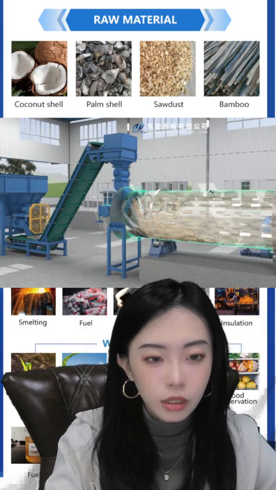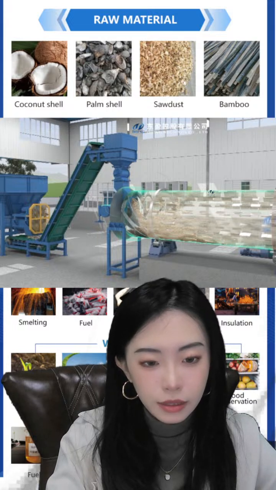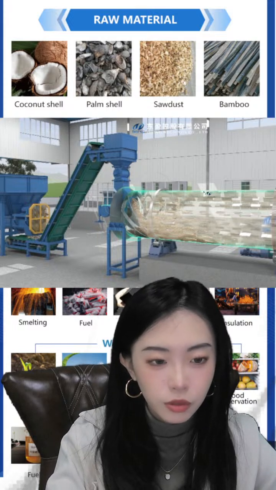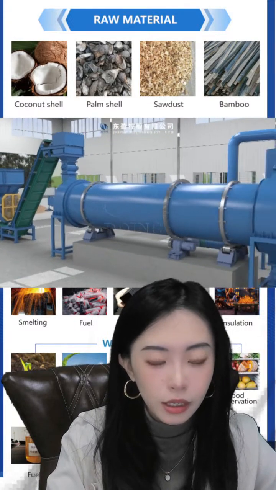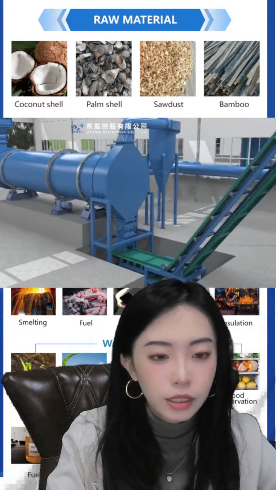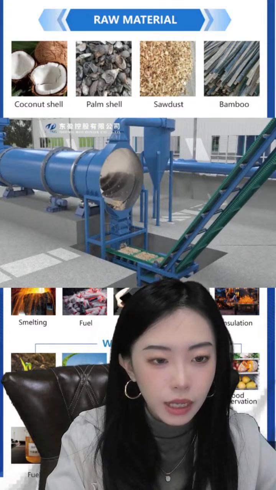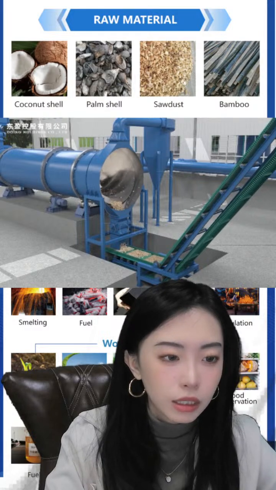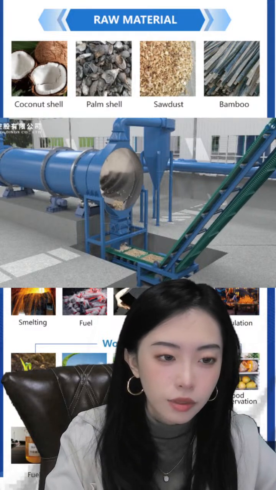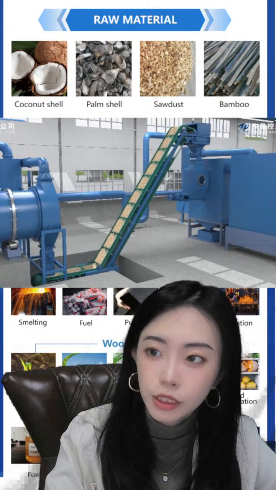So the plates turn the materials to break them up. This is why this dryer oven is inclined, so that the material is transferred forward. The angle of inclination is 30 to 50 degrees.